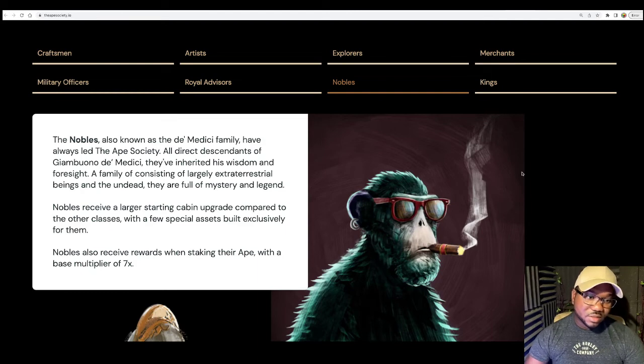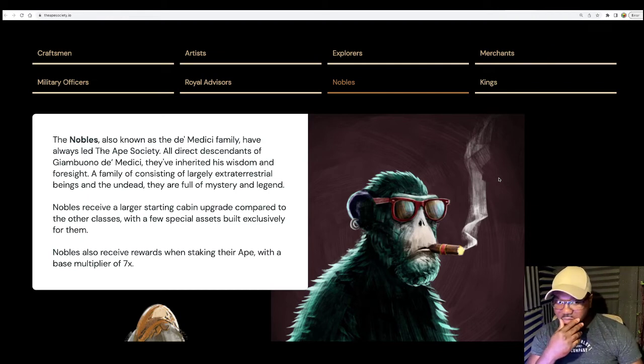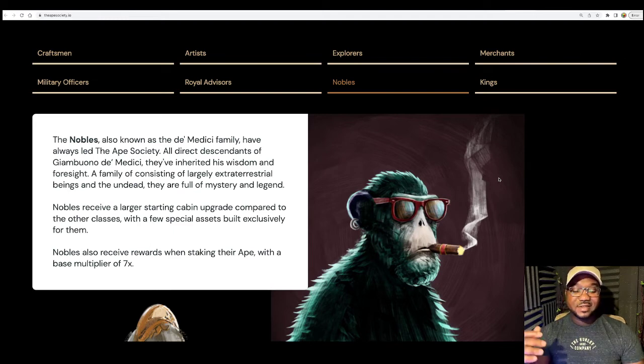You have your nobles, and nobles receive a larger starting cabin upgrade compared to the other classes, with a few special assets built exclusively for them. Nobles also receive rewards when staking their apes with a base multiplier of 7 times. Wow, it's a lot.